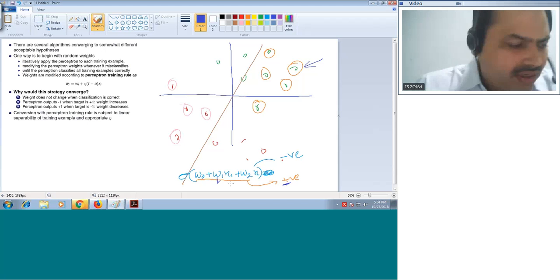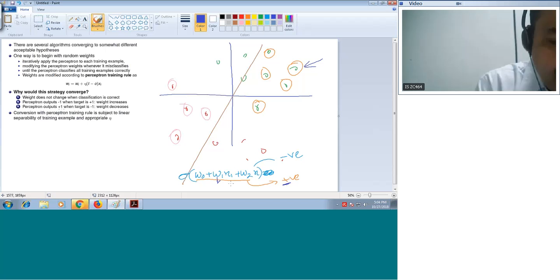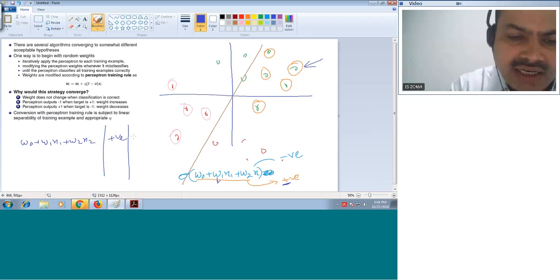What I want to say is this: I have the value of W0 plus W1x1 plus W2x2, and the item is positive. But my equation is telling it is negative, because this value comes out to be negative. My target is to make it positive. So what should I do?